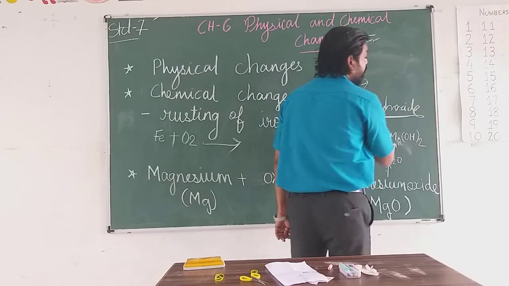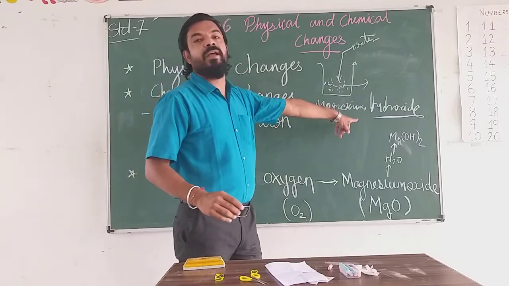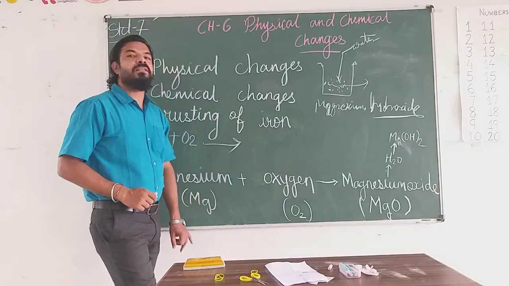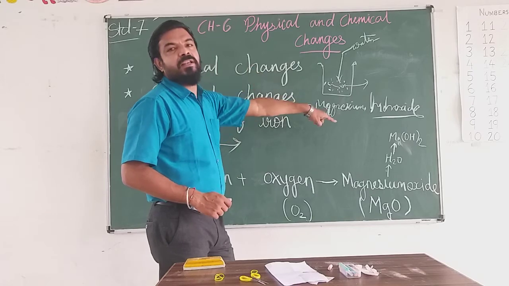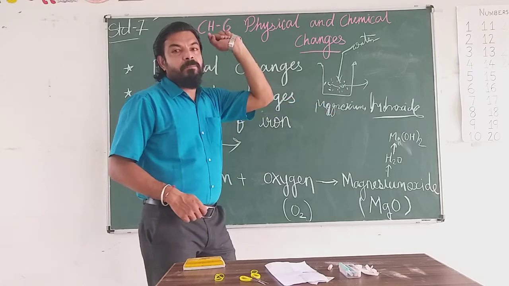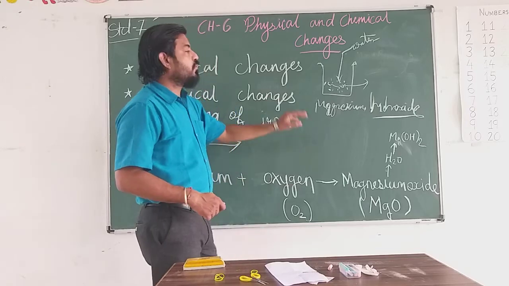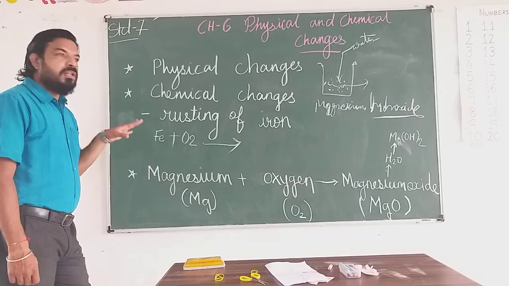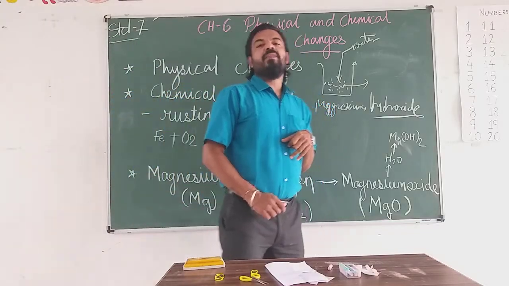We learned in the previous chapter, in acid, base and salt, that this magnesium hydroxide is a base. And what happens when you add red litmus paper to this magnesium hydroxide? It will give a blue color, that is a base. Understand? So this red litmus paper will give you a blue color, that is called base. So RBB will happen with this magnesium hydroxide.